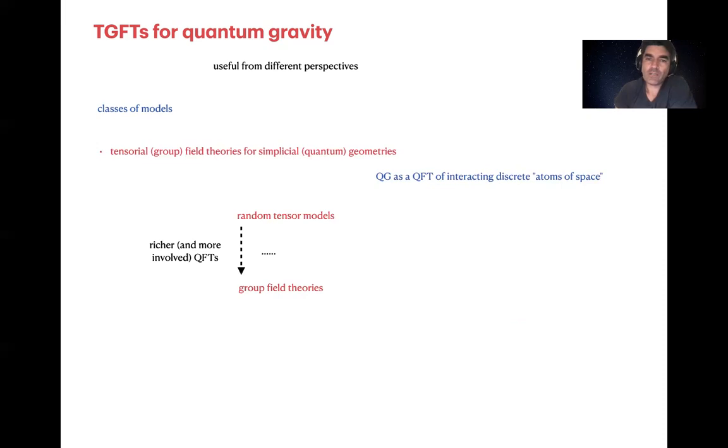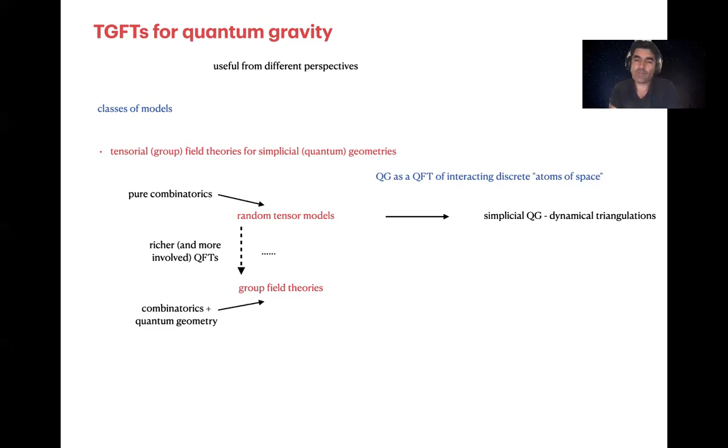Within this class of field theories for simplicial geometry, we can go in increasing complexity from the simplest random tensor models, which are purely combinatorial, to the more involved group field theories, which combine the combinatorics of random tensor models with the quantum geometry coming also from different approaches to quantum gravity.